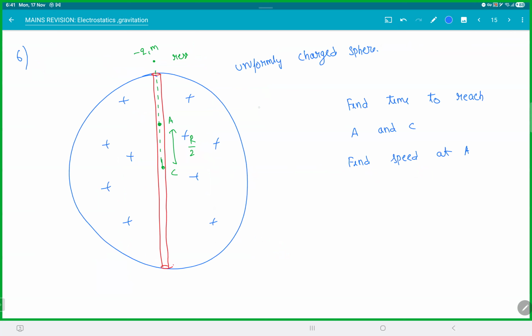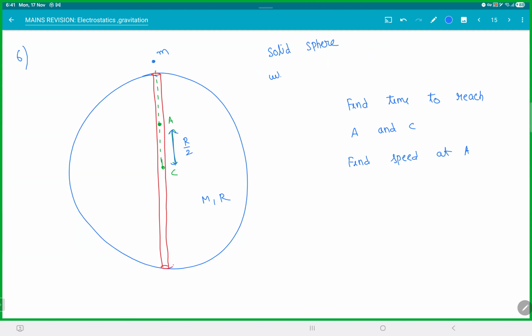What about this one? Let's change this into this question. Wait. So we have a particle here, mass m. This is a solid sphere, mass m, radius r. So you have a solid sphere with a tunnel.